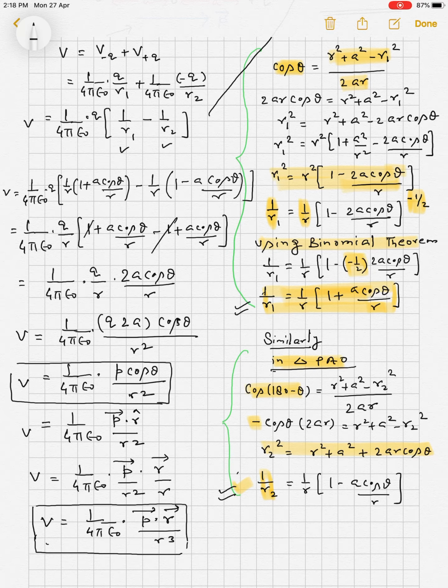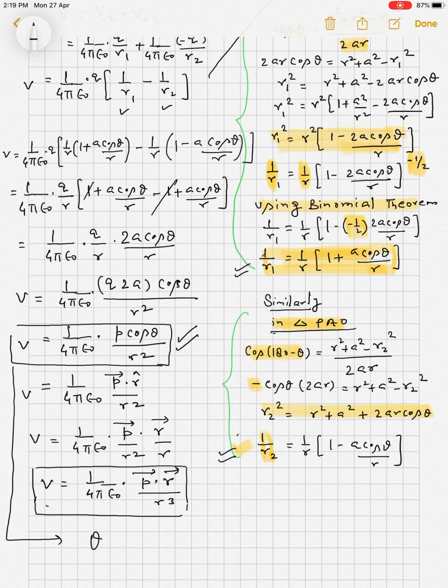Here theta is the angle. The main thing is from the above formula, theta is the angle between p vector and r or r vector or r unit vector.